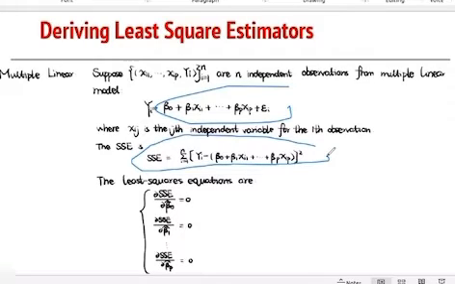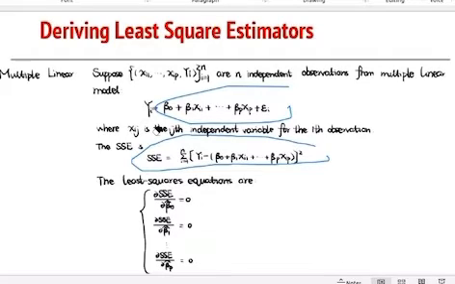Okay, 10, you're actually going to have 11 parameters, which means I'm going to differentiate with respect to beta naught, with respect to beta one, and it's going to take forever. Okay, so take a look at that. That's what we're going to do until you get to the last parameter. This is how the least square equations are going to be generated.